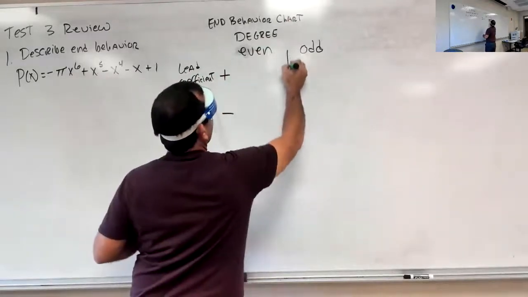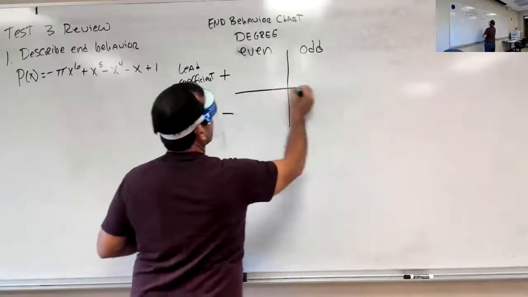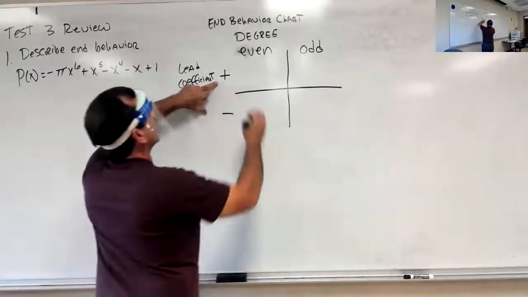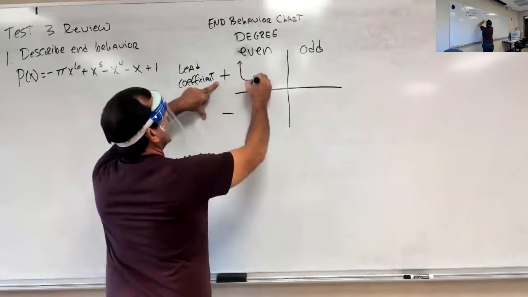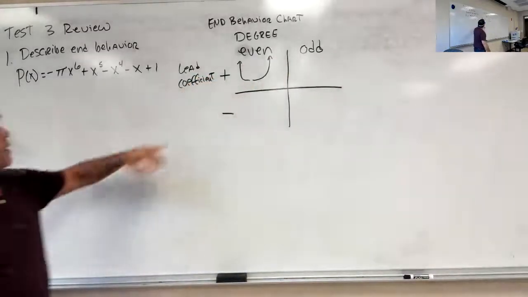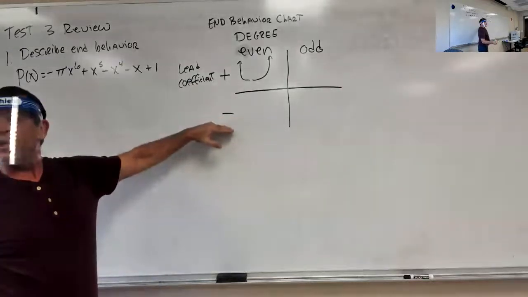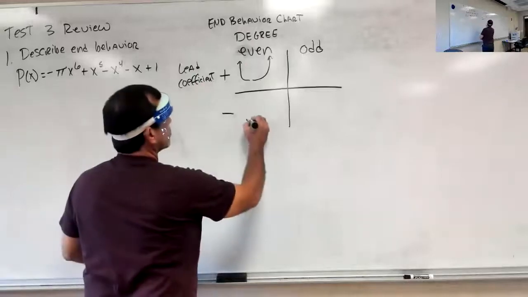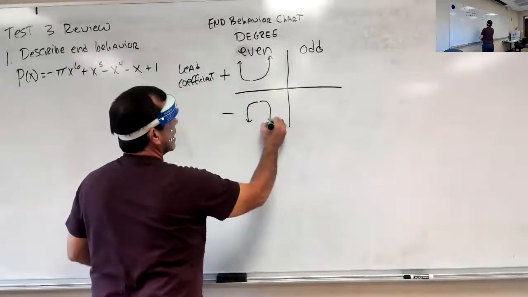So this gave me 4 different outcomes. If it's an even degree with a positive lead coefficient, both ends shoot up towards infinity. And if you made that lead coefficient negative, it took that graph and flipped it so that both ends would be headed towards negative infinity.